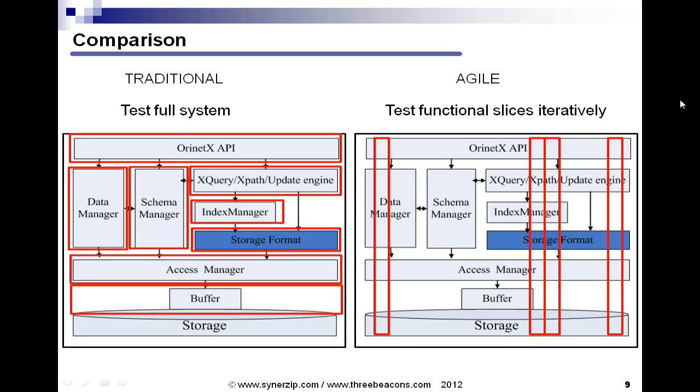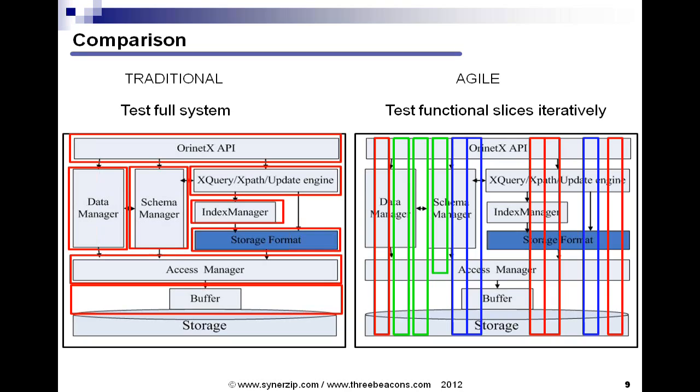And your red slices might be iteration 1, and your green slices shown now might be iteration 2, and then maybe your blue slices or iteration 3. And you can see how the different architectural layers are built out over time using this vertical slice or sashimi type approach.